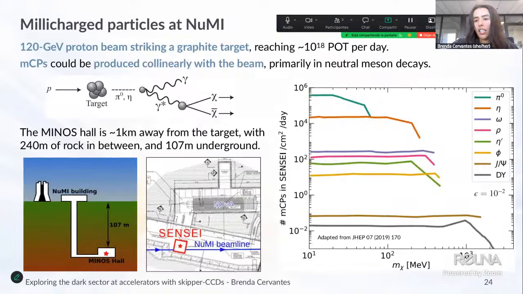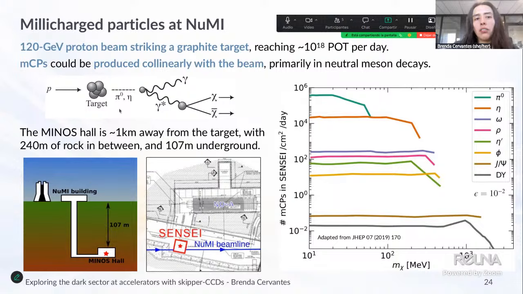In this case, we are looking at the NuMI beam here at Fermilab. The NuMI beam is essentially a neutrino beam that has been working for several years because it provides neutrinos to many of the experiments here at Fermilab.